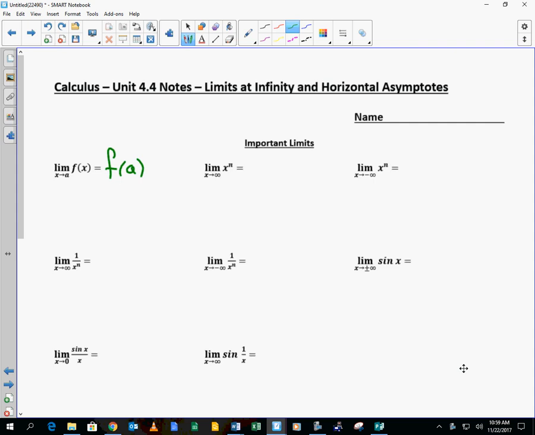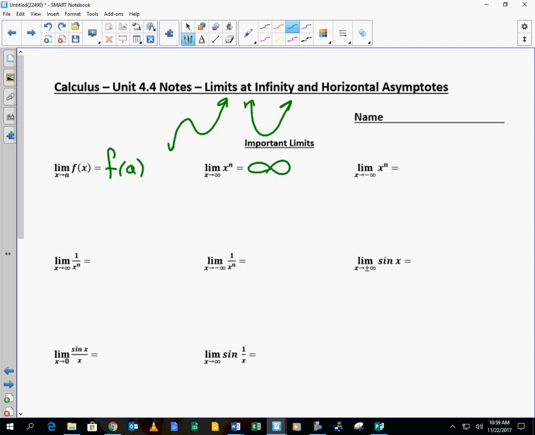If you think about a polynomial, like a cubic or a quadratic, as x goes to infinity, what happens to the y value? As x goes towards positive infinity, yeah. But suppose we were going towards negative infinity. What do you notice? Look at the quadratic. As x goes towards negative infinity, y goes towards.